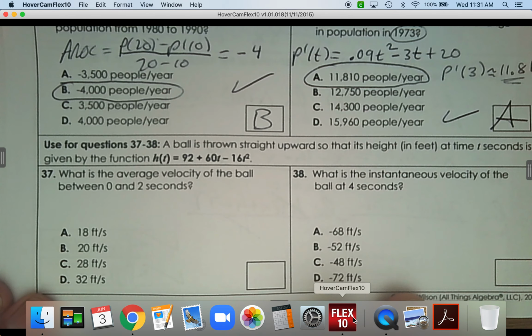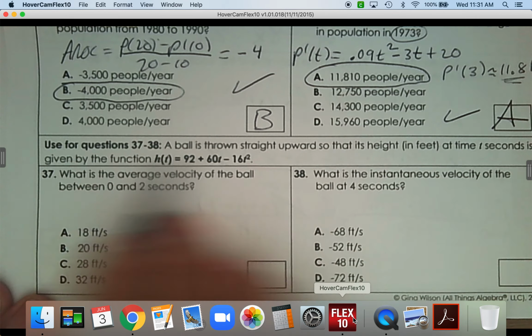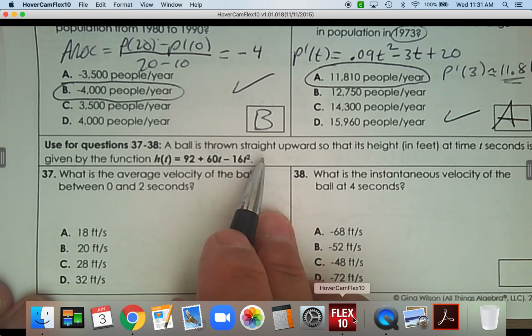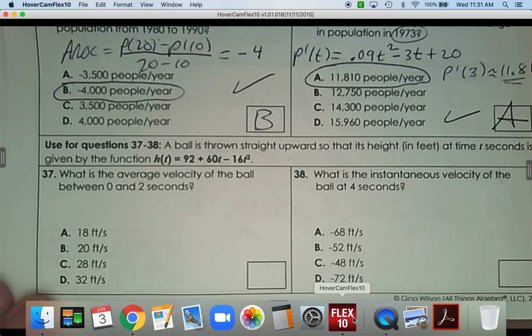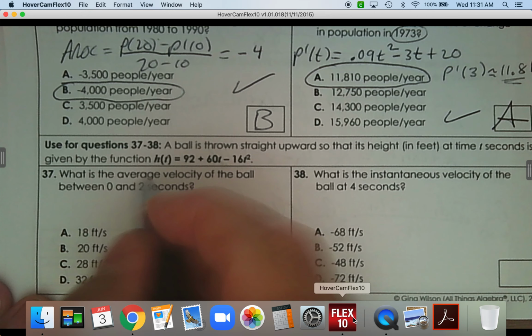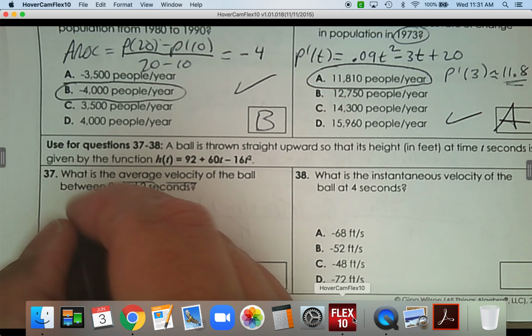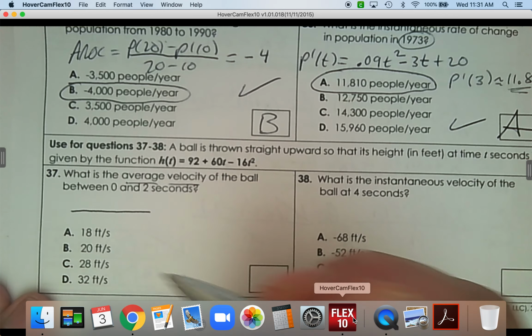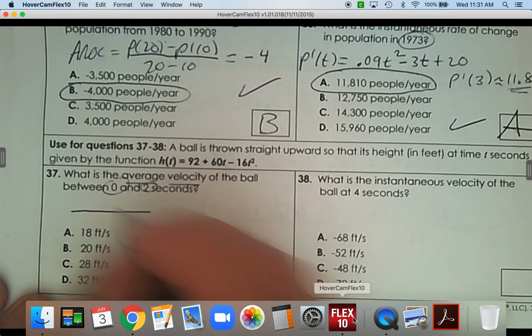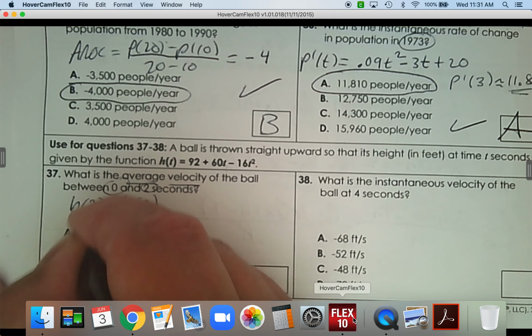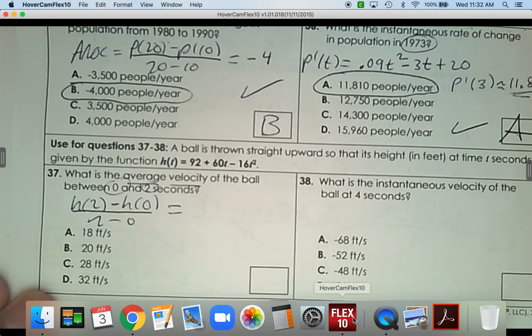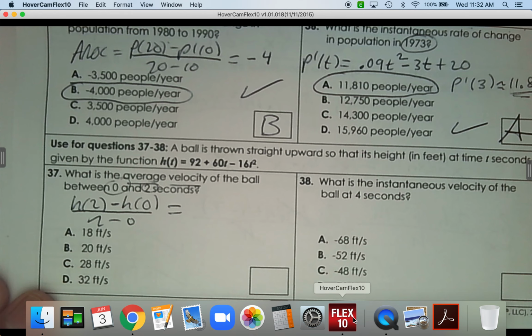What is the average velocity? So again, you have a different equation for a ball thrown straight up. This is height, and time is in seconds. So average velocity, that's AROC, that's algebra. So from 0 to 2, so in this case it's h at 2 minus h at 0 over 2 subtract 0, average velocity.